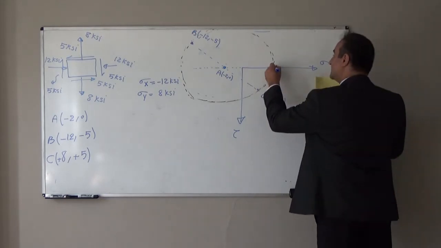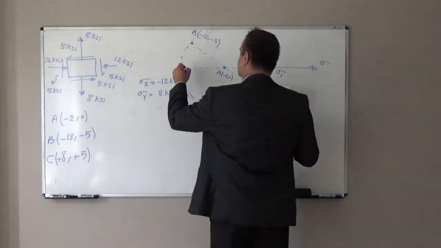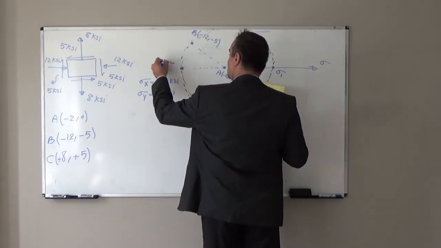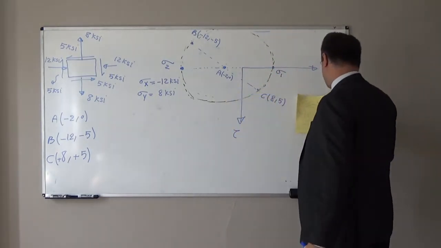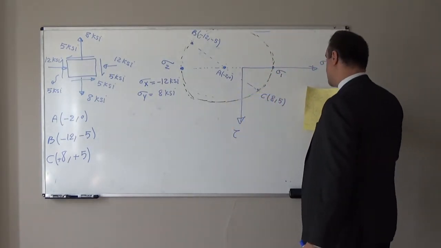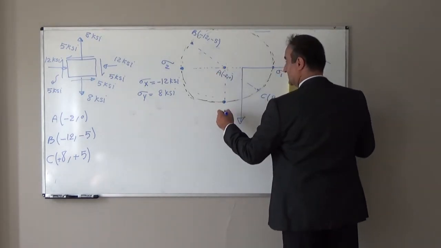This is maximum normal stress, sigma 1. This is minimum normal stress, sigma 2. And we will have maximum shear stress here.